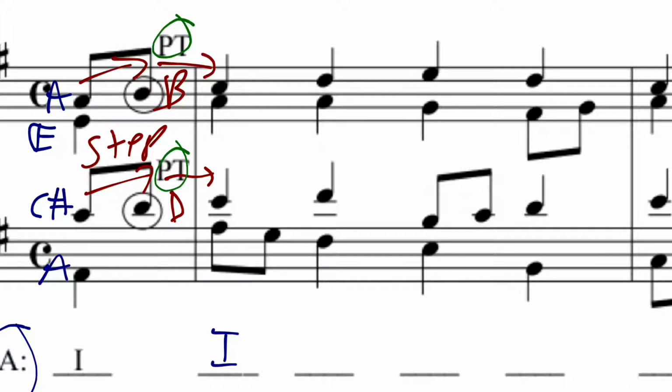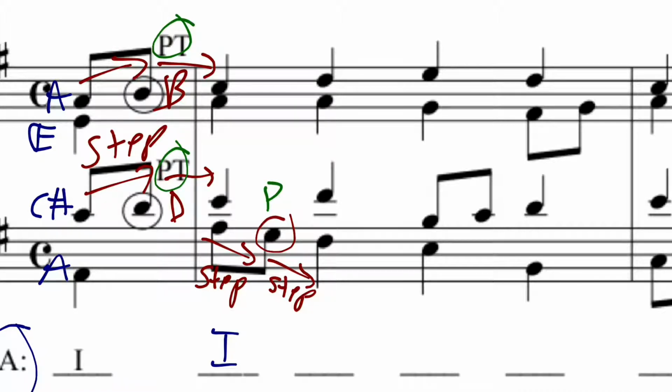Okay. So everything's cool there, but that is not part of it, right? This G is not part of an A, C sharp, E chord. And if we look at how it's going, it goes down by step, and then it moves to a chord tone by step of the next chord. So step, and then it resolves by step. Same direction, right? So what is that? Passing tone. So I can say P here. Actually, let's put that in a different color. Passing tone.